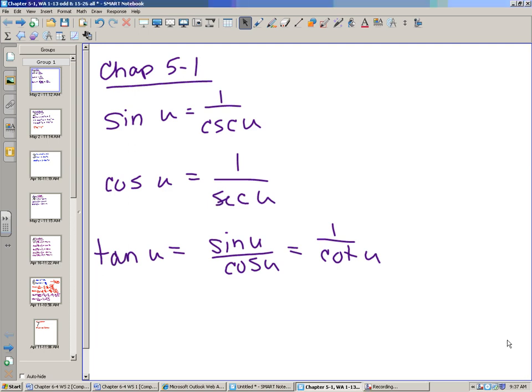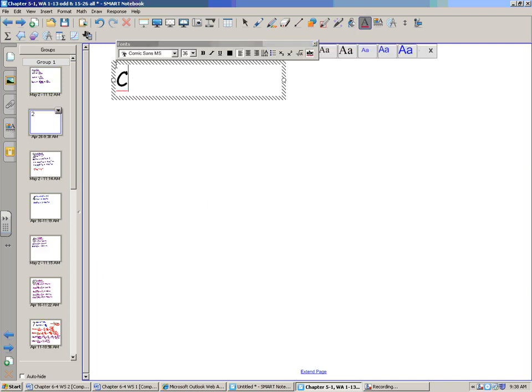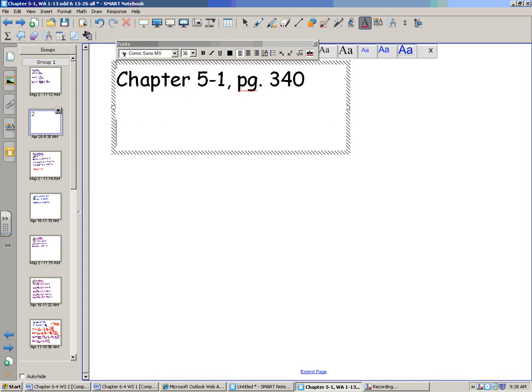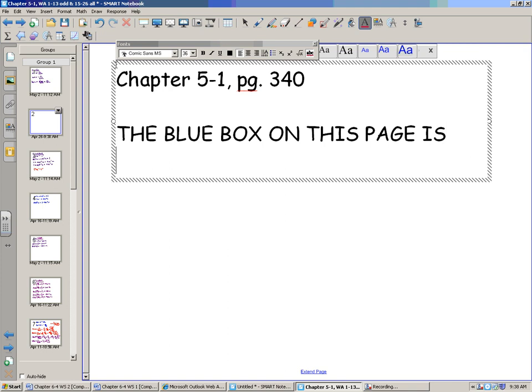Okay, here we go. Chapter 5-1, page 340. The blue box on this page is essential.